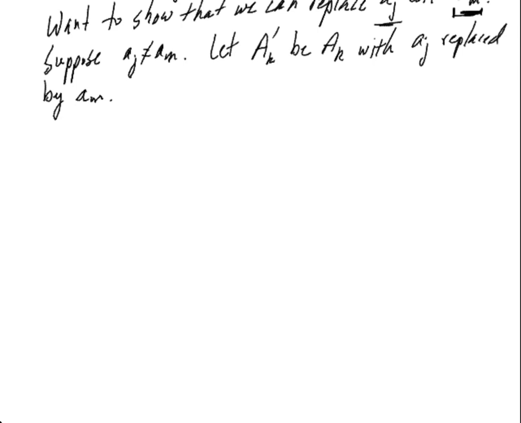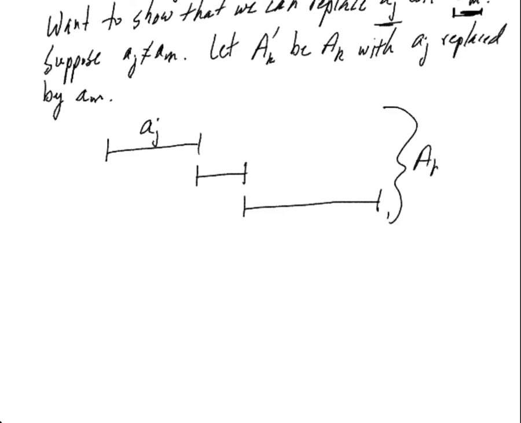Let's consider A sub k. So we have some A sub j there, and then we have a few other activities going on. They don't overlap, and we're given that A sub k is the optimal solution. And this is disjoint by definition.